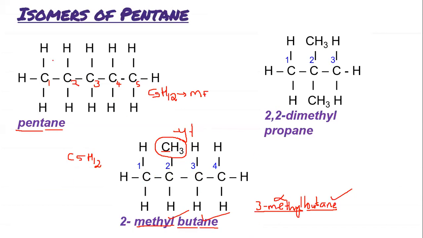So you saw I started with 5 carbons, then I shortened to 4 and made 1 of these carbons form part of the substituent. So if I want another isomer of pentane, I can shorten the parent chain even further and make it 3, so that this entire thing can now form part of the substituent.